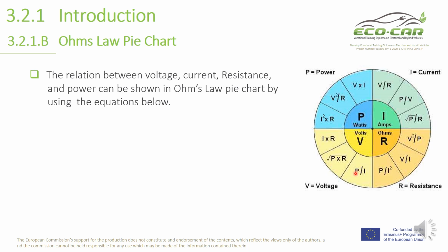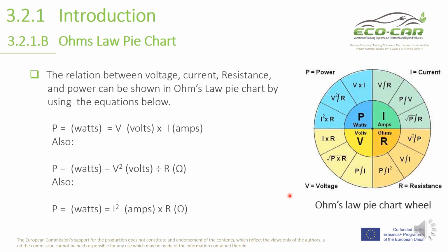Also if the power is known, and also the current, R we can calculate by the voltage and power, voltage and current. So this pie chart helps us to calculate power, current, resistance, and voltage.